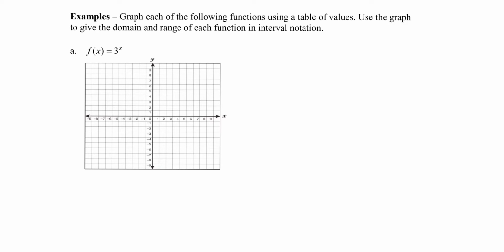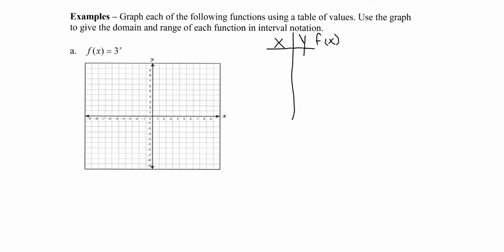Now we're going to graph exponential functions. We're going to graph them using a table of values and then use our graph to give the domain and range of each function in interval notation. Recall when we graph, we're going to use our t-chart. So I'll make my t-chart with x and y, and y is the same as f of x.